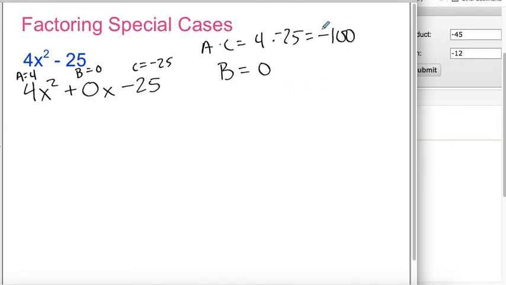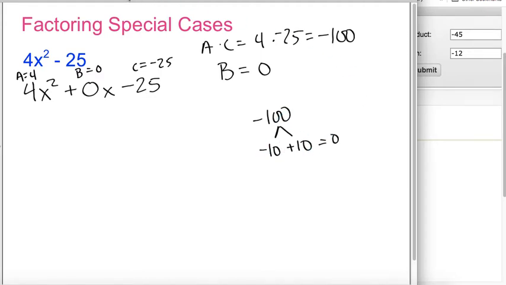I want factors that multiply to negative 100 and add to 0. So pretty much, if you're thinking about this, factors of negative 100 that are going to add to 0 means that your factors have to be equal in number but different in sign, which would be like a negative 10 and a positive 10. These multiply to negative 100 and they add to 0.